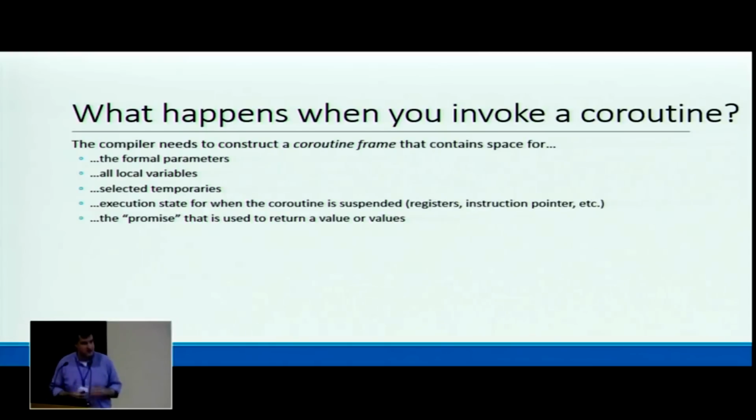So any registers the coroutine uses, even non-volatile registers, need to be stored before it returns control back to its caller. It also needs to be able to store the instruction pointer from the point at which the coroutine was suspended. And then finally, it needs to store the promise that's used to return a value or values back to the caller eventually. We'll look at that one in a bit more detail later.